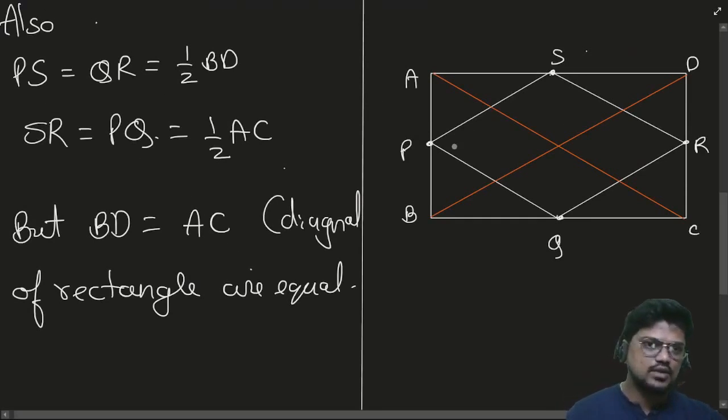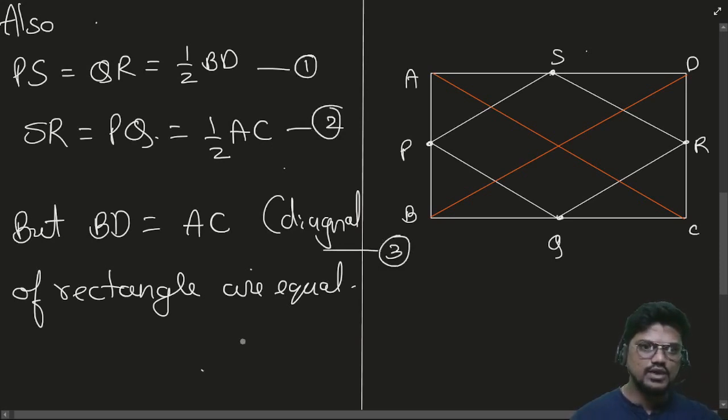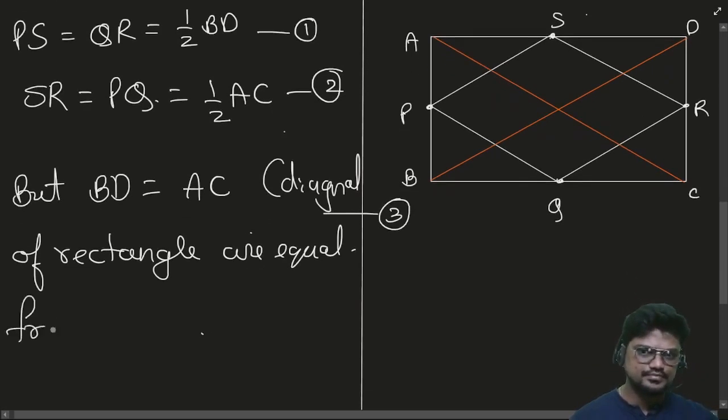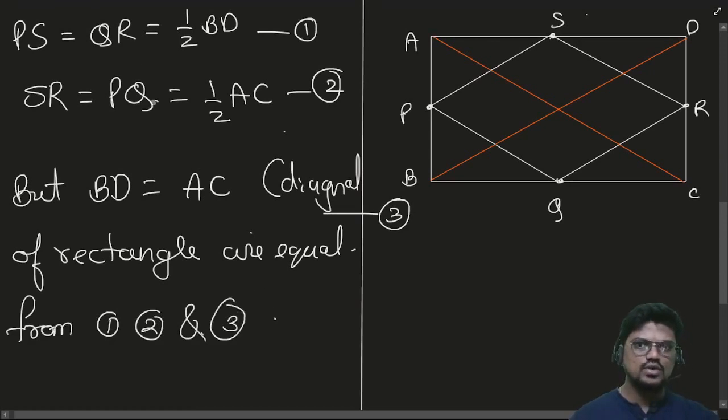See over here, PS is equal to QR is equal to half of BD, and SR is equal to PQ is equal to half of AC. But what do we know? That AC and BD are equal because they are the diagonals of a rectangle. So if this is 1, this is 2, and this is 3, then from 1, 2, and 3, what do I get? All these sides are equal.